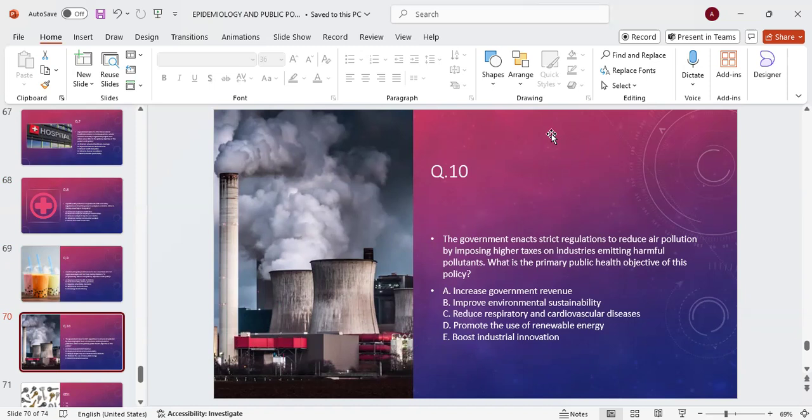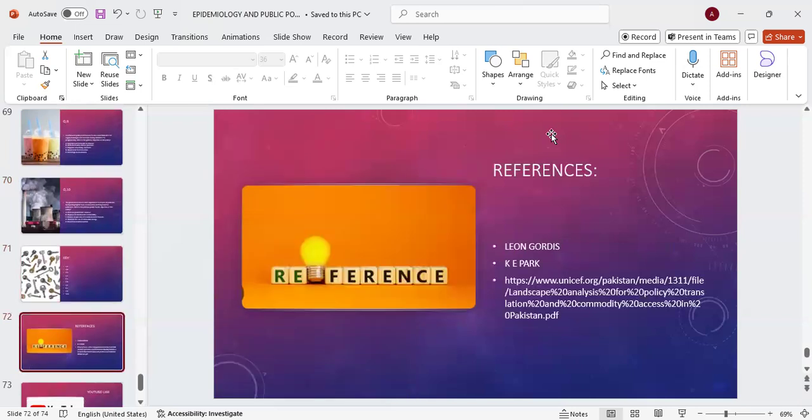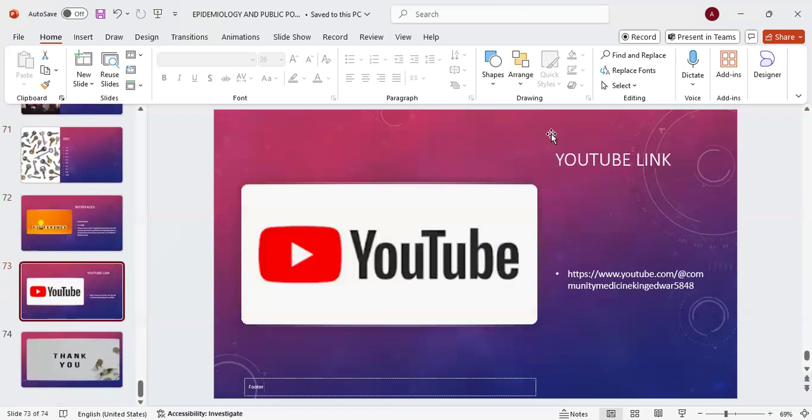Option C, reduce respiratory and cardiovascular disease. Option D, promote the use of renewable energy. Option E, boost industrial innovation. Answer is option C. This is the key to the MCQs.